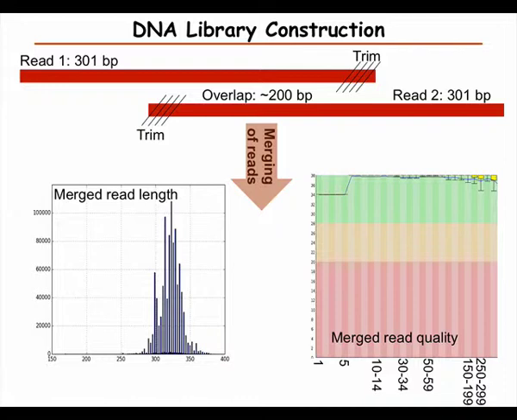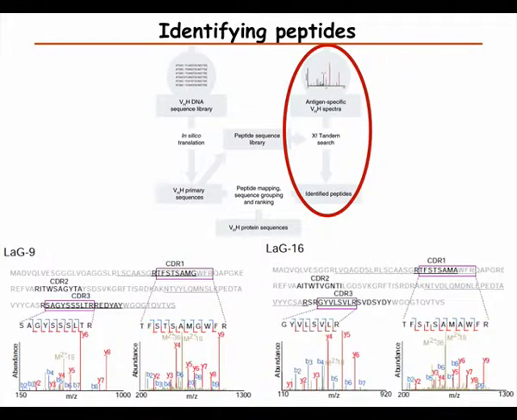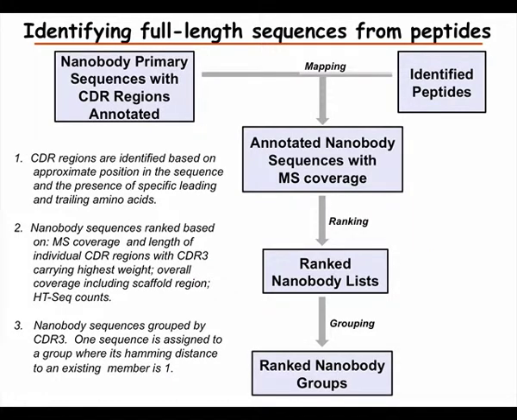So now we have a database, and we can search it. And these are just a few examples of spectra that match to our peptides in the database. Now we can take this and score the different sequences.